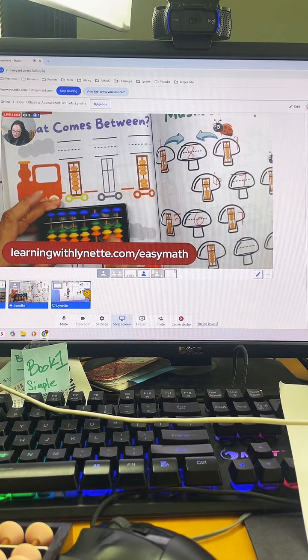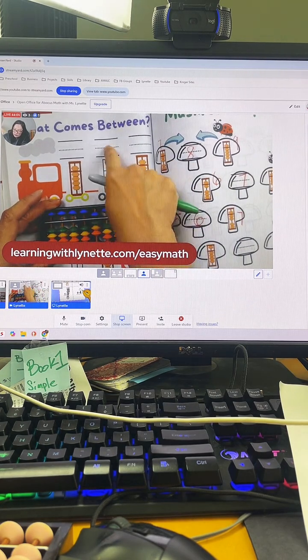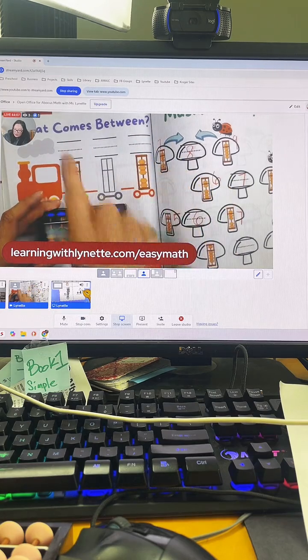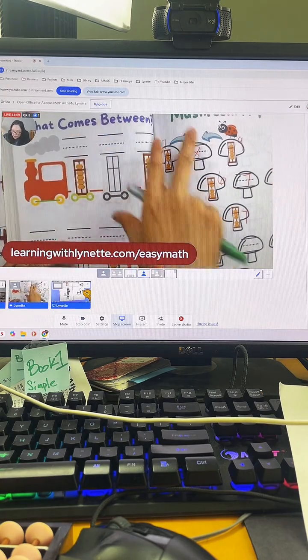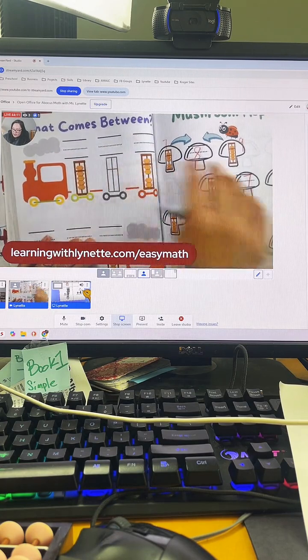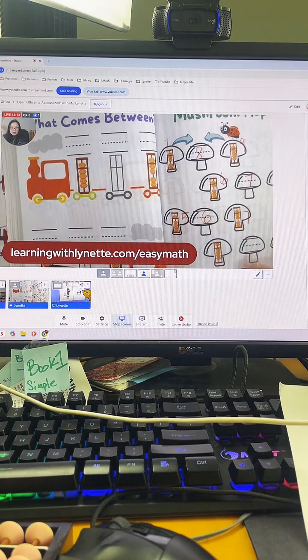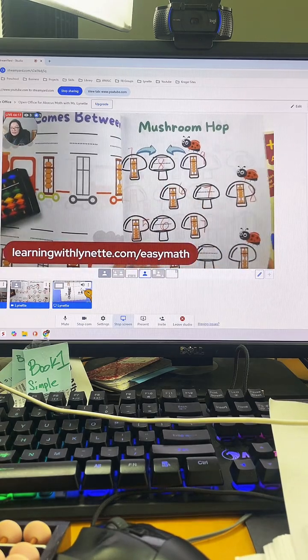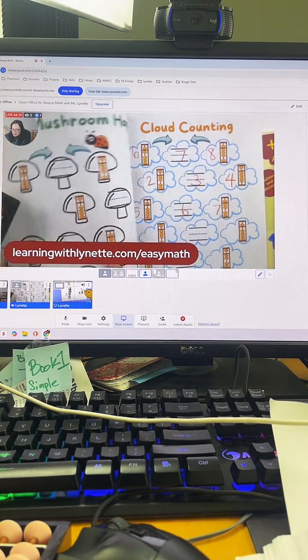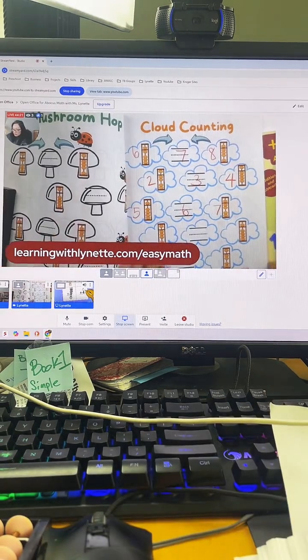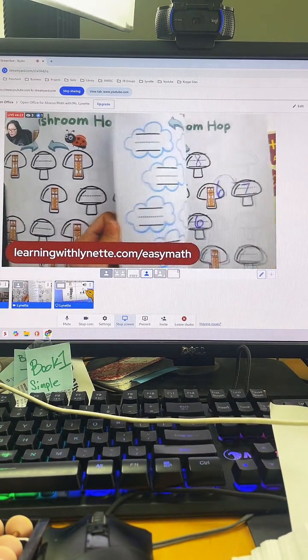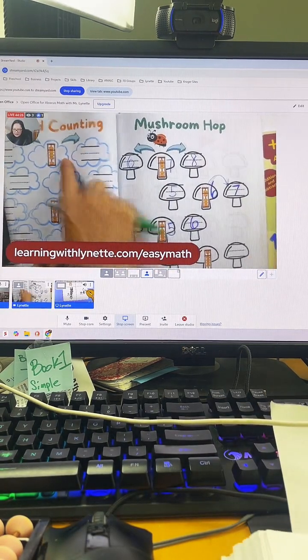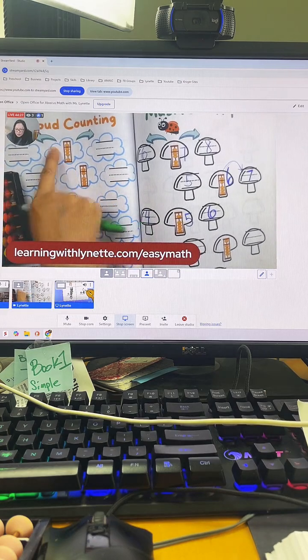I give you the number on the abacus, and the abacus here is 9. What is between 9 and 7? Well, we take away the 1, and that is 8. So we write 8 here, and then 7, and then 9. The idea for the book is to make sure that they understand what numbers are surrounding.